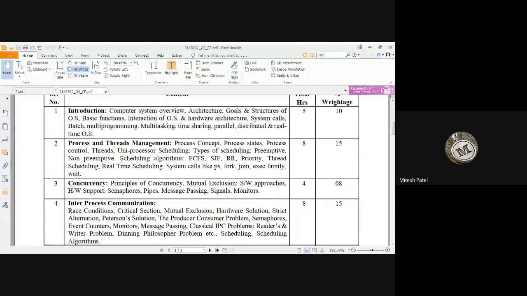So in this unit we have different process scheduling algorithms like FCFS, SJF, RR, priority based. Based on these algorithms we have examples, so you need to solve those examples. So I request all of you, whenever you come to attend this OS lecture, you need to keep pen and paper with you.